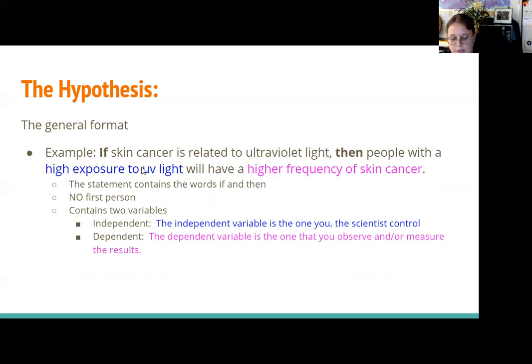So it's something that you can turn up or turn down, or expose or not expose. It's the thing that you are controlling as the experimenter. The dependent variable is the thing that responds to that change that you're making. So the one you observe and or measure the results of. Most of us know that.